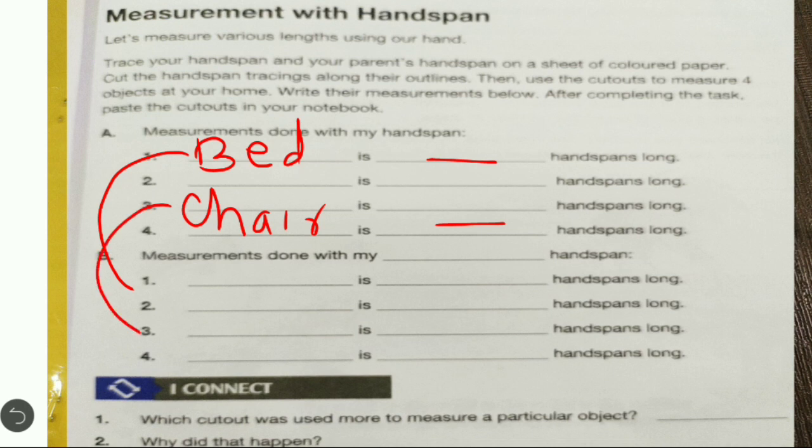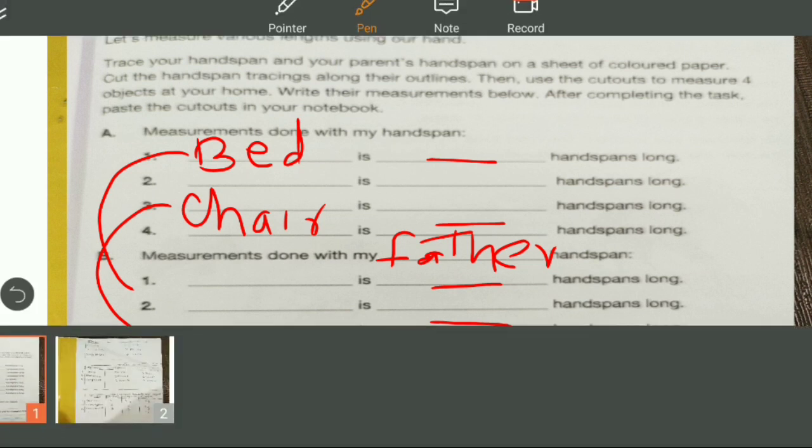Here you take the same things, chair and bed. And then write down the measurement done by your parent's hand or your friend's hand or your brother's, whatever. For example, if you are taking the hand span of your father, write down father's hand span. Then record your measurement.